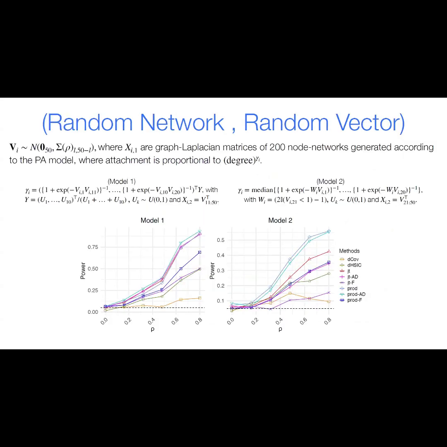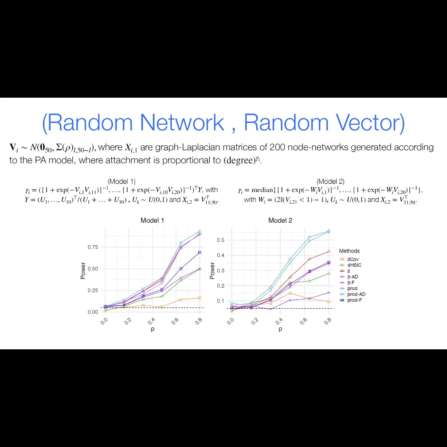Now here are more complicated situations. These are random networks paired with random vectors, where we generate the data according to some copula, and then we split the data into two parts.